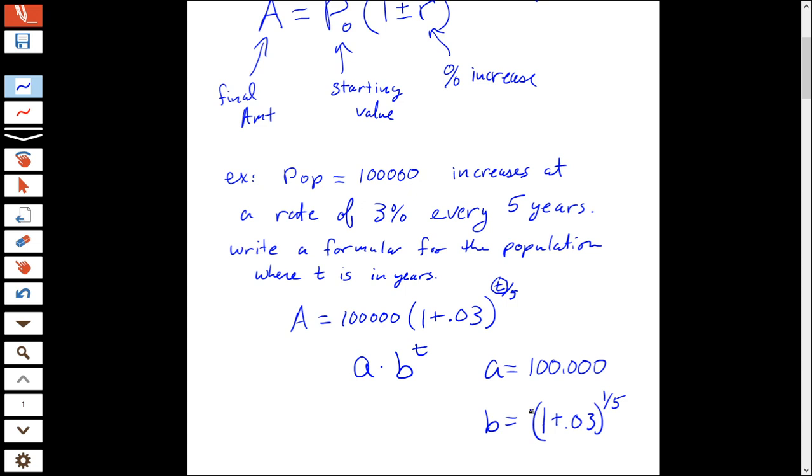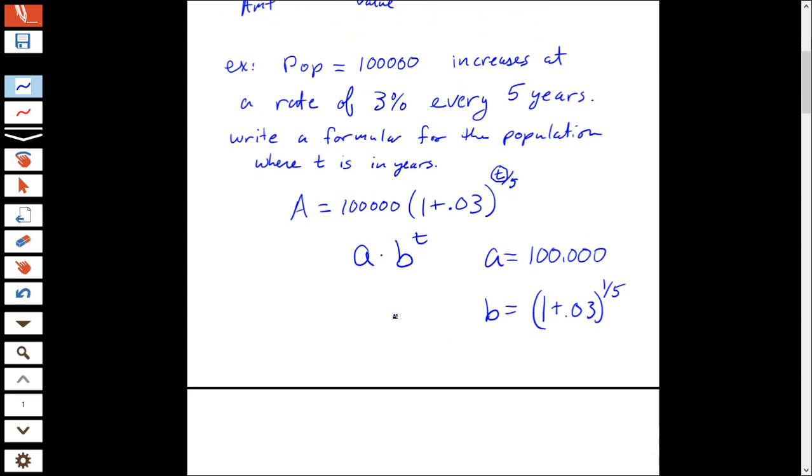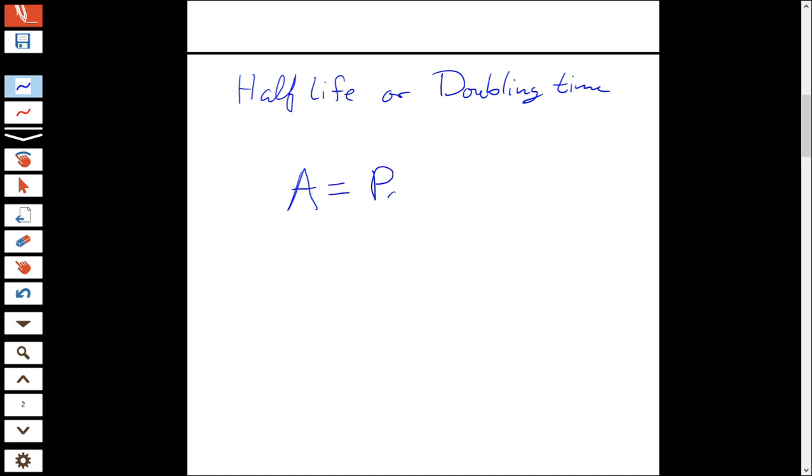All right? One other formula that you might see is like half-life or doubling. Okay, these are both exponential models where it looks a lot like the last one in that your amount after so long is equal to your starting amount.